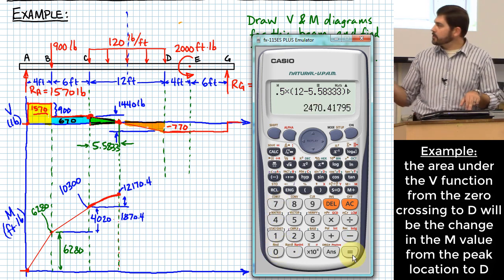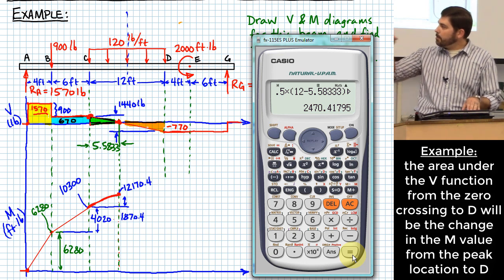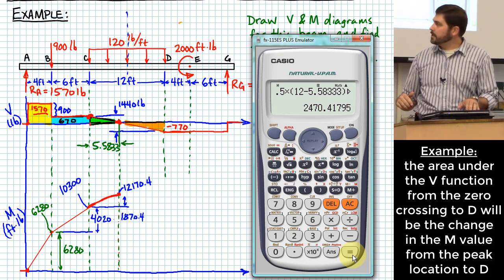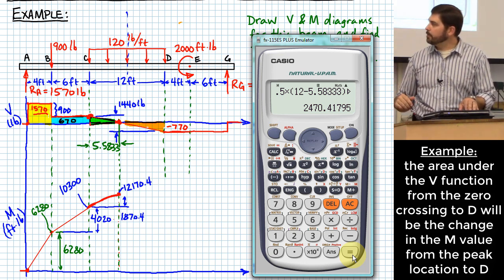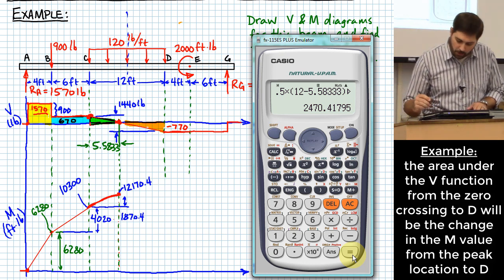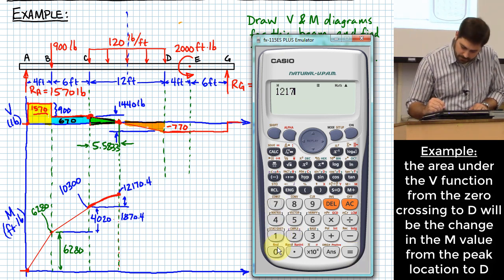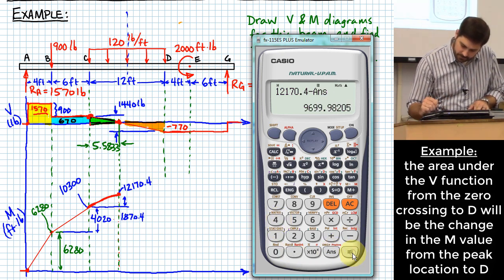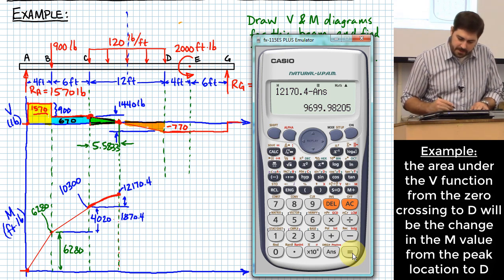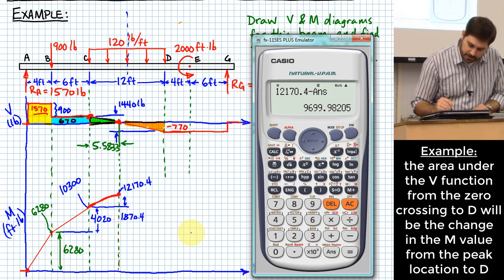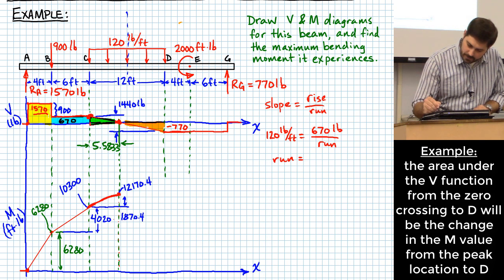And this will all be negative, because we're going to be sloping back down from here. So I take all of that and subtract it from 12,170.4, which gives me 9,699.9. We'll just say 9,700.